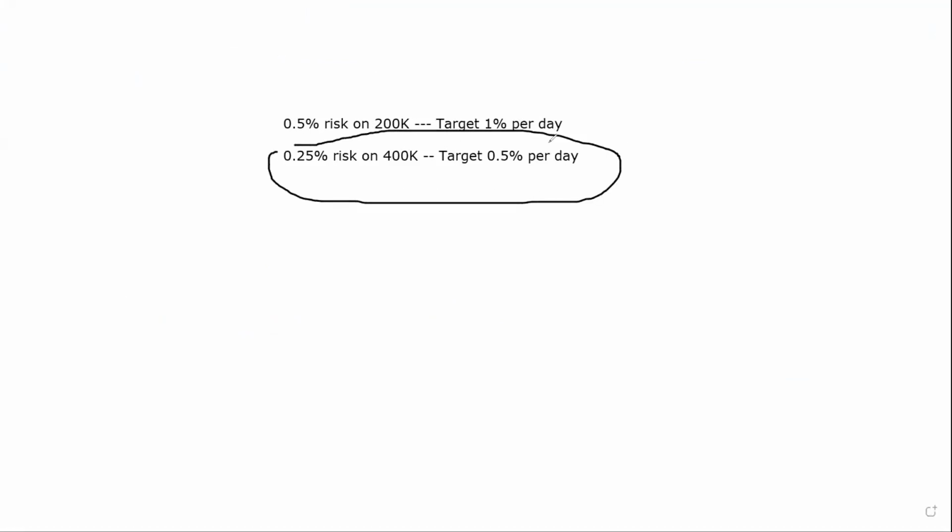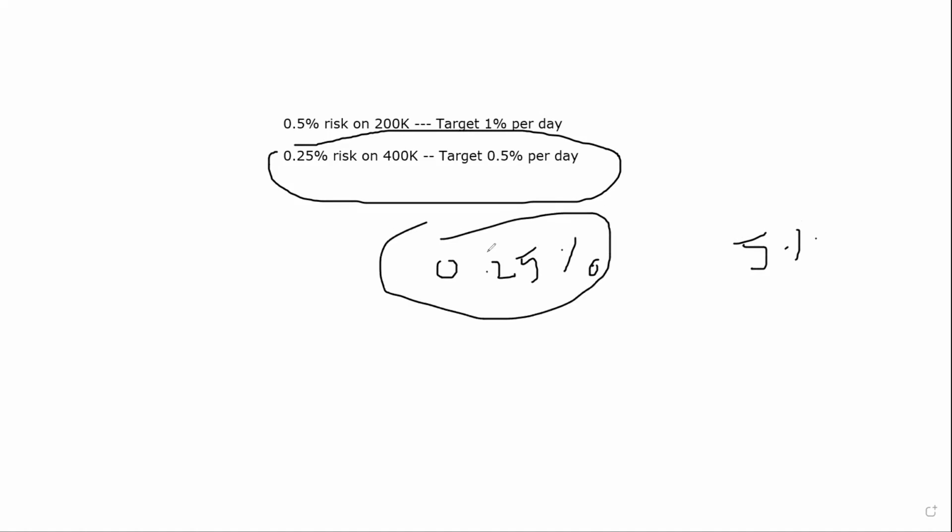So with this point, what I mean to say, the larger the account, the more you can reduce the risk. With 0.25%, how many trades do you have to lose in a row for the max 5%? 20 trades, right?